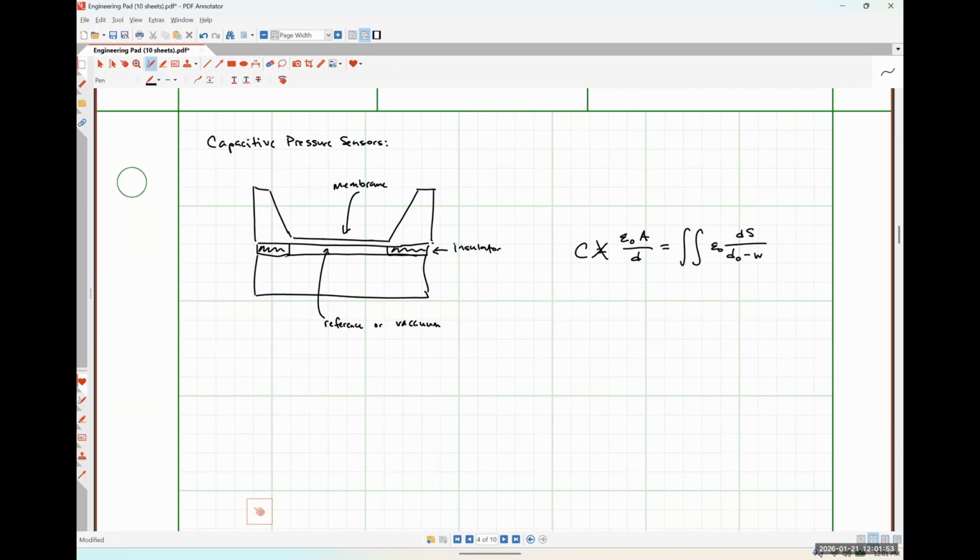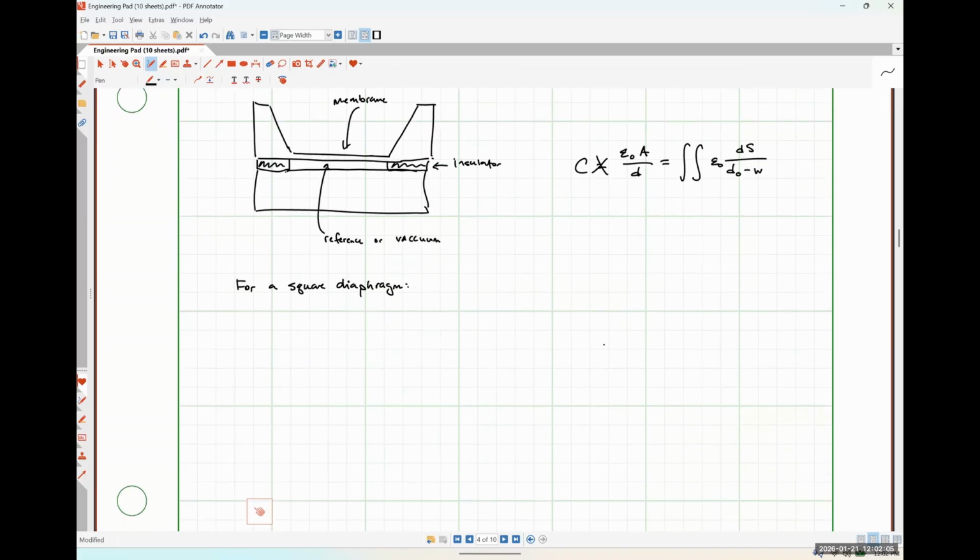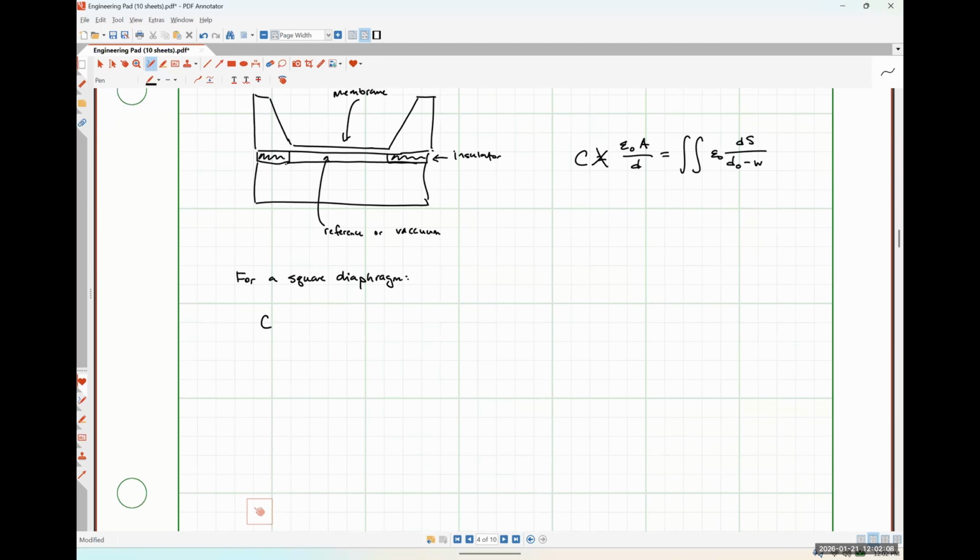So for a square diaphragm, what we'd find is that our capacitance will be equal to the integral from negative a to a, integral from negative a to a, where one integrates in the x direction and the other in the y direction, of epsilon naught dx dy over d naught, our nominal displacement, minus w as a function of x and y.